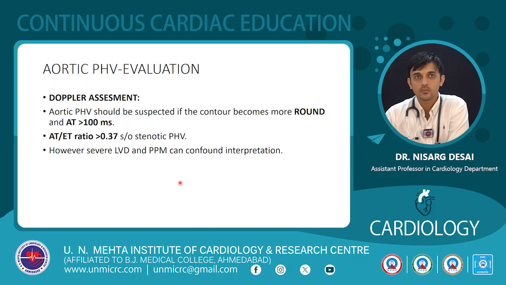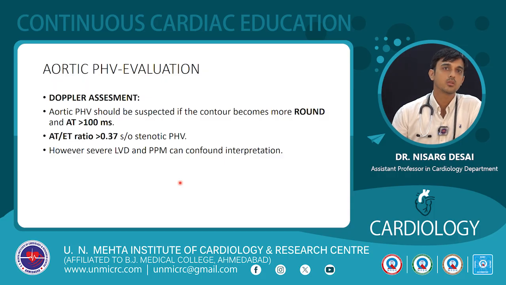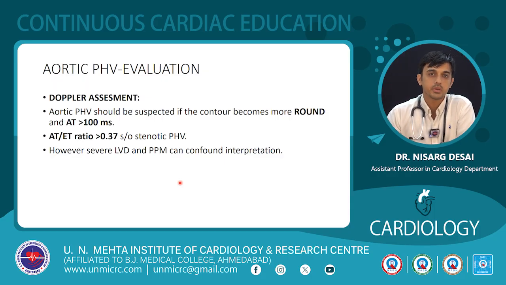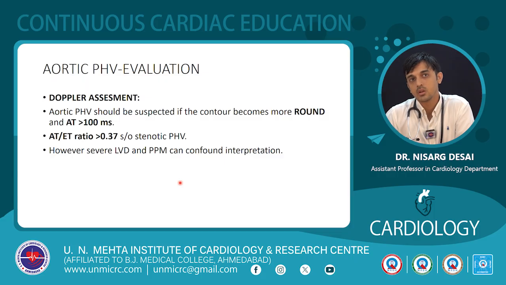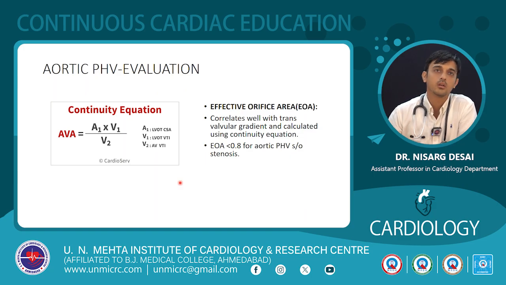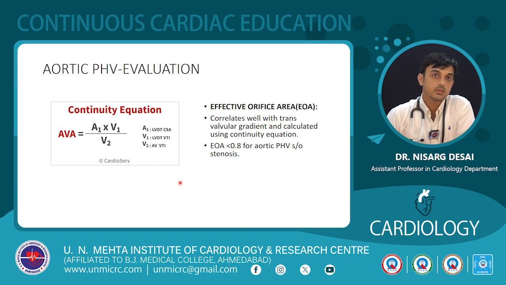But having stated all of this, even this cannot be used as standalone criteria for confirming that the patient has got a PHVT or a prosthetic heart valve stenosis. That is, in severe LV dysfunction, we may not find gradients across the valve reaching up to 4 m per second, like more than 2 meters per second. Next we assess the EOA, or the aortic valve area, using the continuity equation.